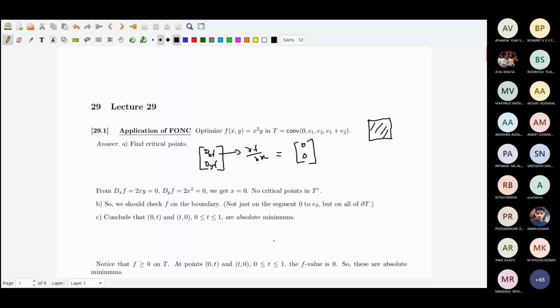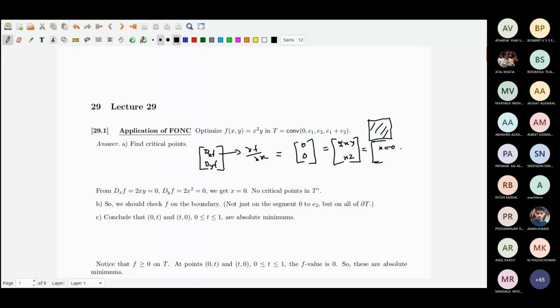Then you equate it here 2xy, and then this one is x square. So this is equal to 0, 0. This would basically mean the conditions, either you have to have x equal to 0, guaranteed x equal to 0, and y can be anything.